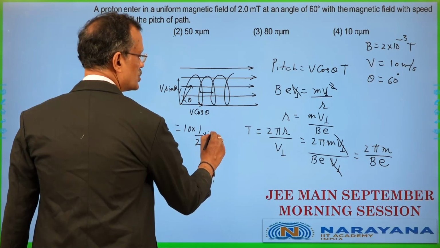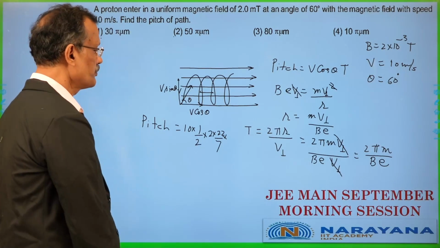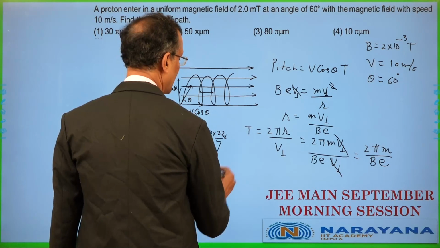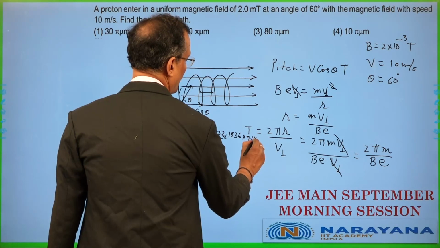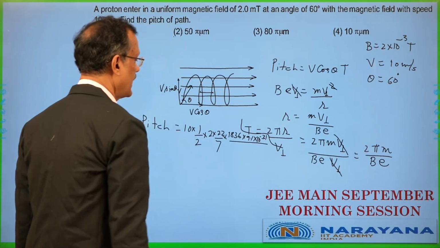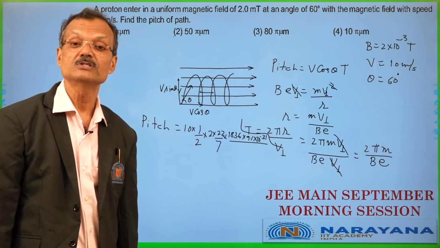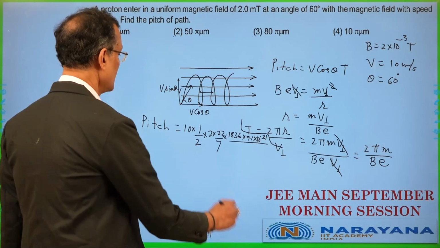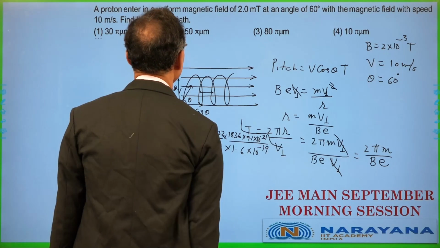So you will have 2, pi is 22 by 7, and it is a proton. You can directly take the mass of the proton, or 1836 into 9.1 10 to the power minus 31, divided by the charge on the proton. The charge on the proton is equal to the charge on the electron, 1.6 10 to the power minus 19.